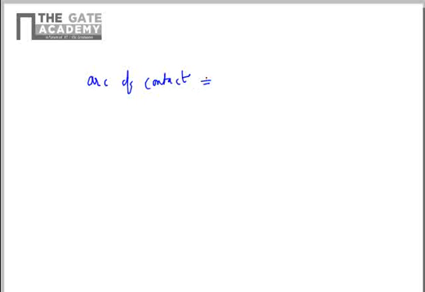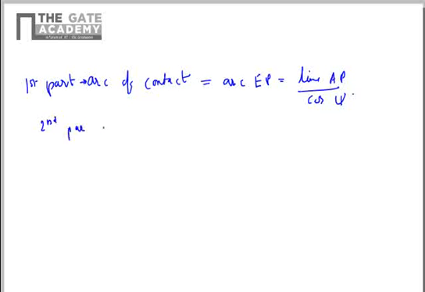So we know that the first part of the arc of contact, arc EP, is equal to line AP by cos xi, and similarly we can also derive for the second part of the arc of contact, let's say PF, which will be equal to line PB divided by cos xi.